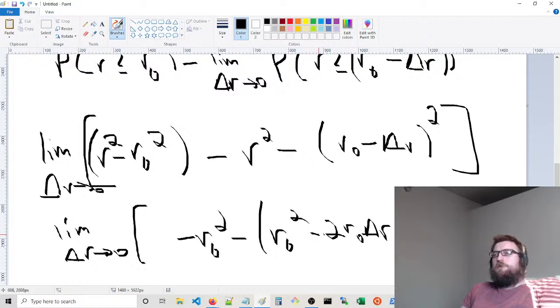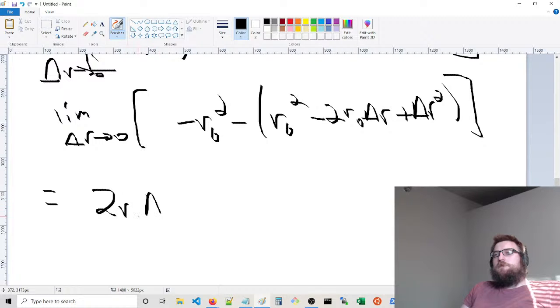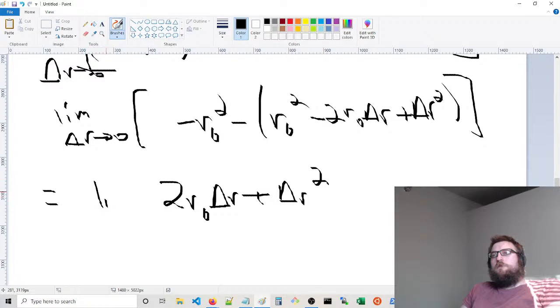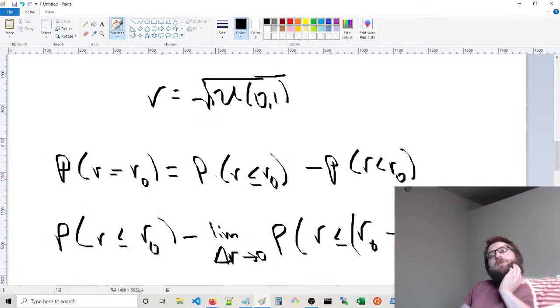This isn't really right either though, because this just comes out to 0. 2 r0 delta r plus delta r squared, which is not correct, actually. It's not 0.